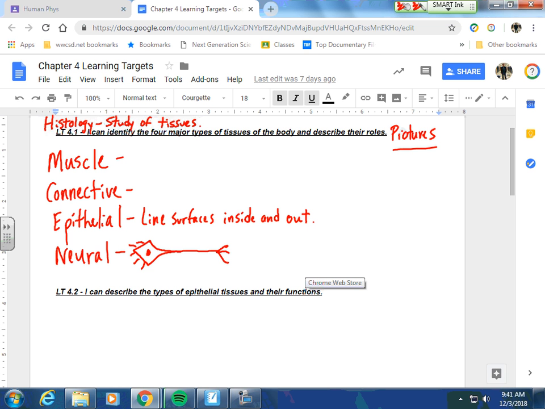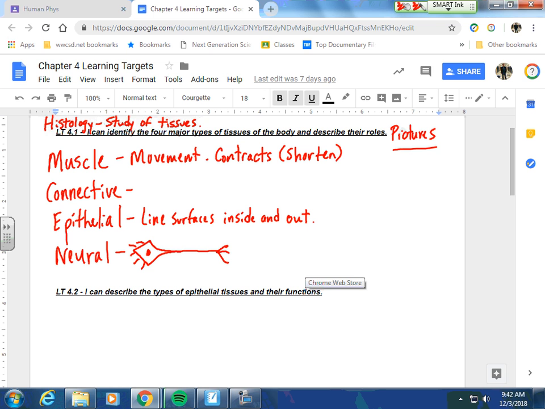Connective I usually leave to last because I explain epithelial line surfaces inside and out. What's special about muscle? Movement, right. How does it move? Contracts, right. Which means they can shorten, right?